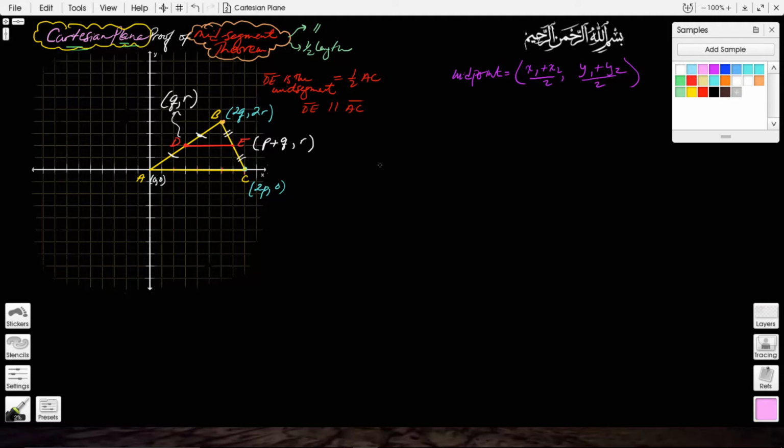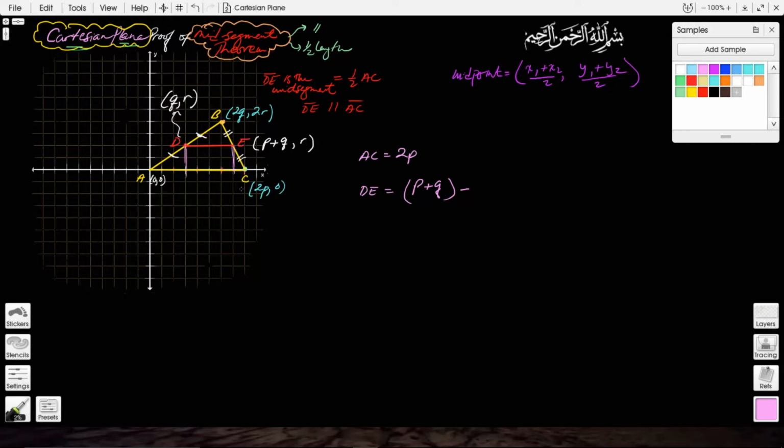So the length of AC is simply going to be from here to here. It's going to be 2p minus 0, so it's just 2p. And then the length of DE, well, it's also a horizontal line. It's going to be p plus q minus this x value right here, so just from here to here.